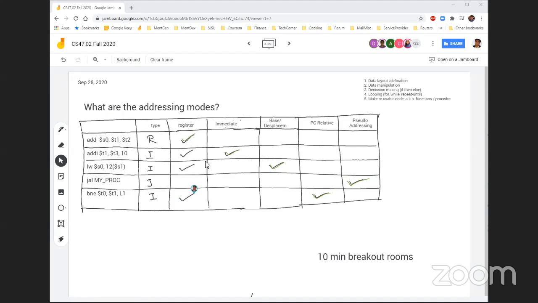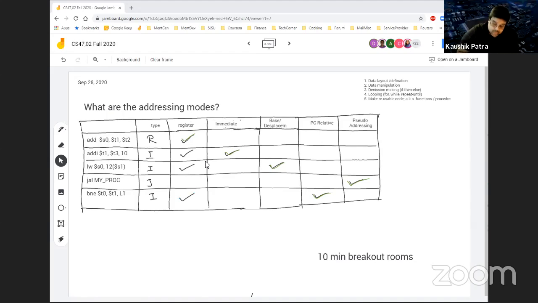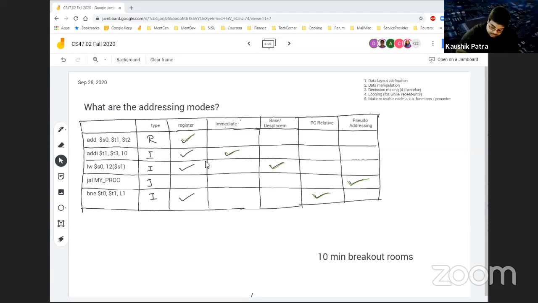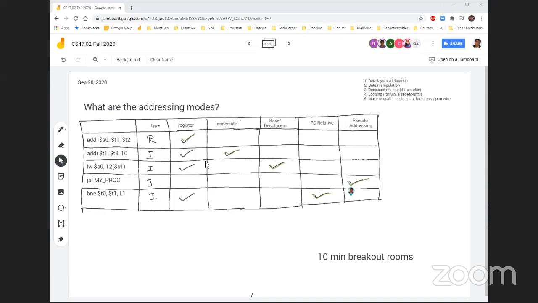Okay, so this table looks good to you, Charlotte? Except I guess for our group, we said for the last one it was pseudo addressing instead of PC relative. Oh, so you think this one should be pseudo addressing instead of PC relative? I guess on second thought, PC relative makes a lot of sense.